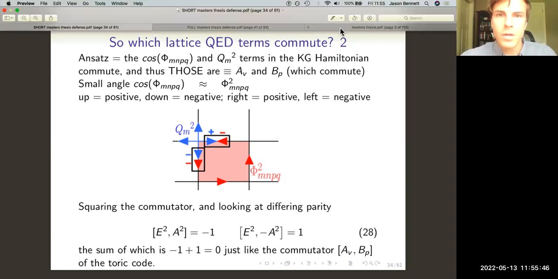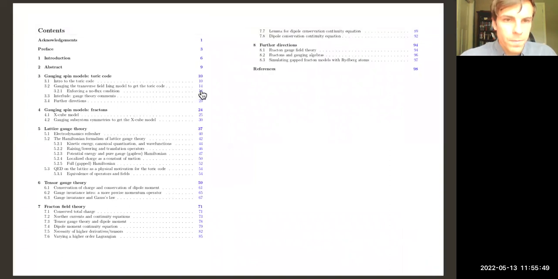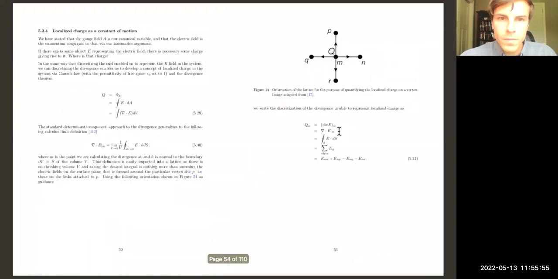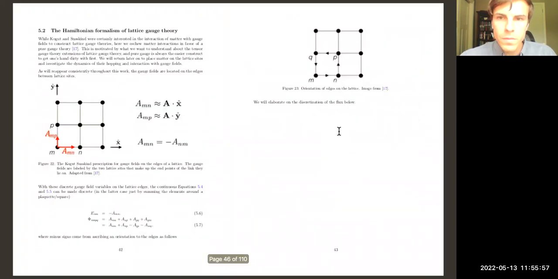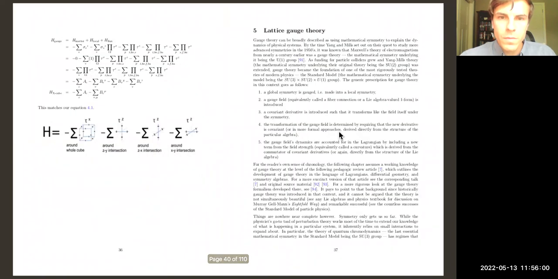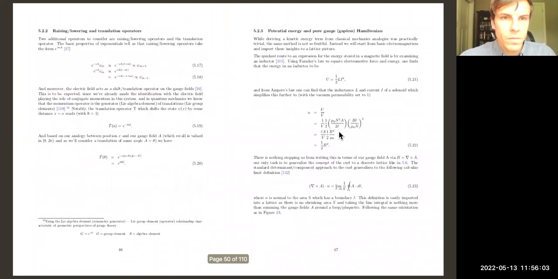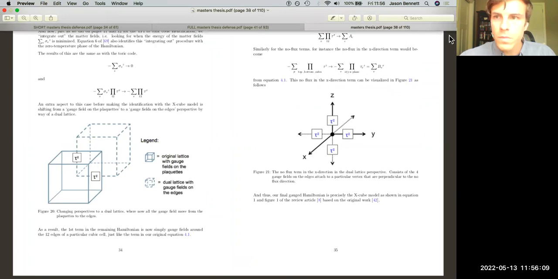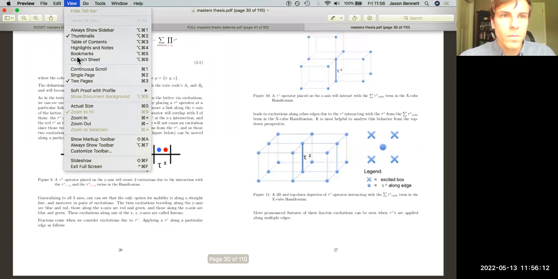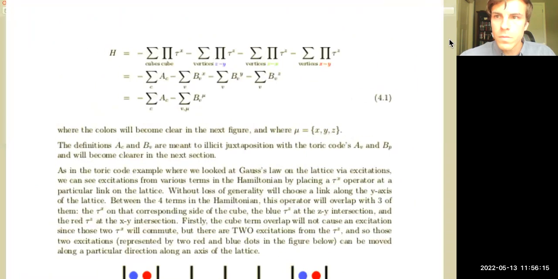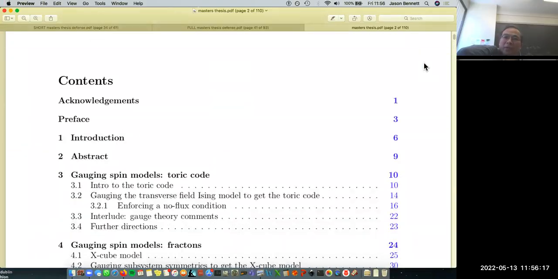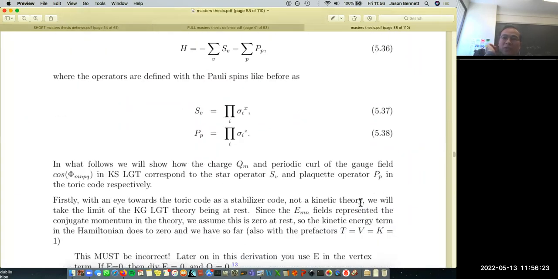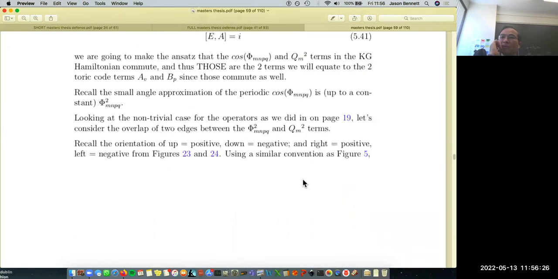Actually, let me check really quick. If you cannot find it, maybe you can check it later, but that commutation relation is not -1.